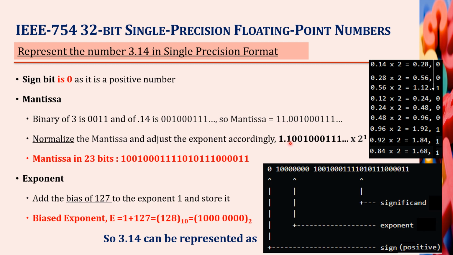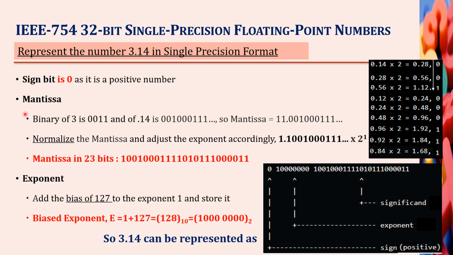So now it becomes 1.1001000111, etc., times 2 to the power 1, because we are moving one place to the left to make this mantissa a normalized one. Now we need to represent this mantissa in 23 bits. So it becomes 1001000111, etc.